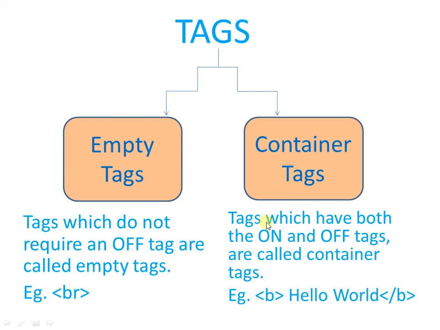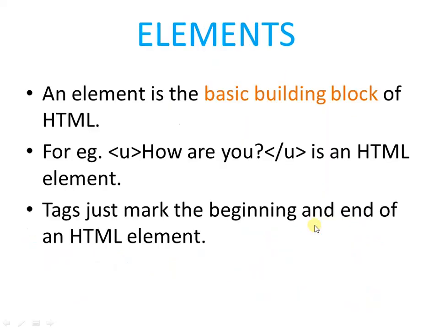Container tags are those which have both the on and off tags. As we used, we started the title and closed it, started the body tag and closed it too. Here the bold tag is started and the bold tag is closed. Whatever comes between them will appear bold. So this is the container tag.